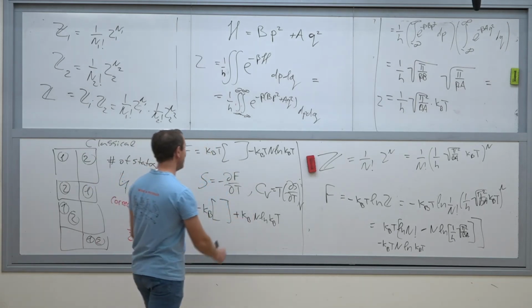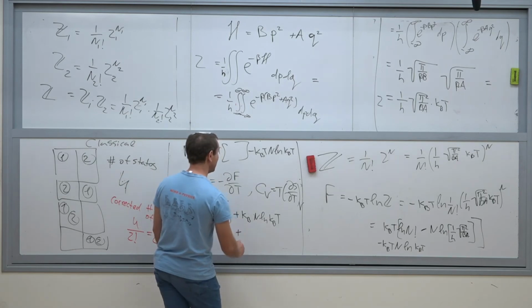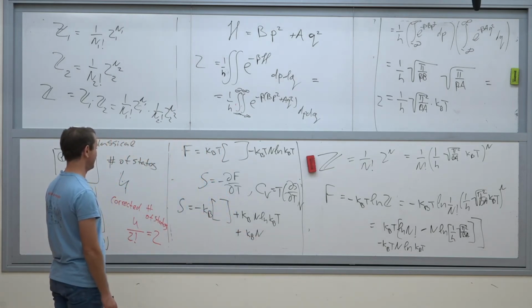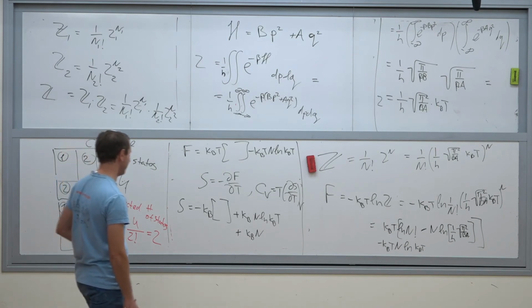And the other one is plus k Boltzmann n. Okay, this is the only thing that I have left.